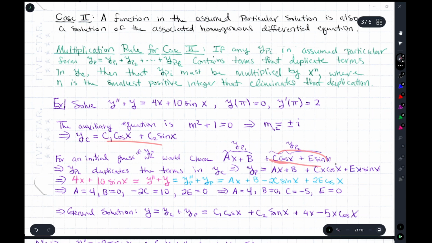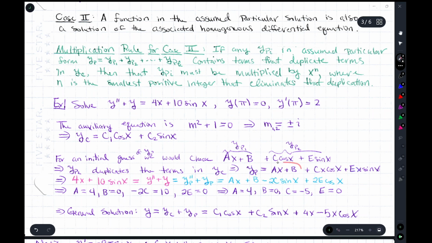So they have the same form. That's the problem. It's not these letters here, the constant coefficients. You could fix these constant coefficients to whatever you would find here, all right? So the problem is the form. This form is the same form as we have here, so that doesn't work. yp2 duplicates the terms in y complementary.